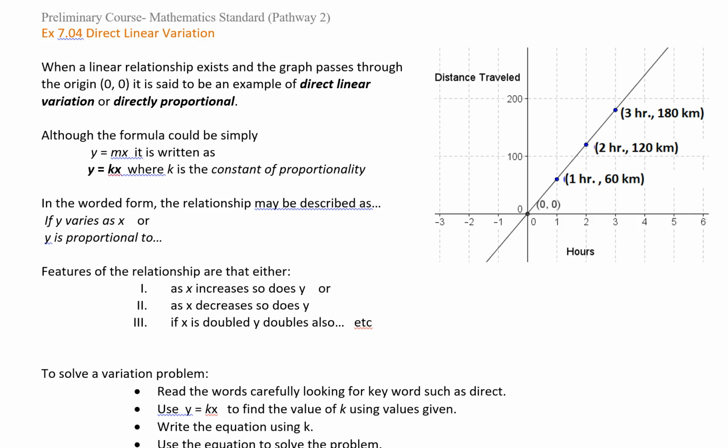However, these examples that you'll see in this exercise are what we call direct linear variation. So we look for those words in the description like direct or varies. Varies is a key word to look for, and so is direct.